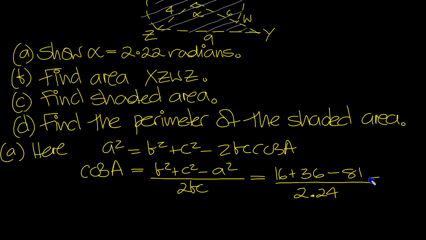So we end up with 52 minus 81, which is minus 29, over 48. So that's cos A.